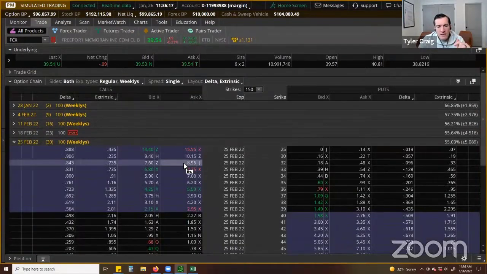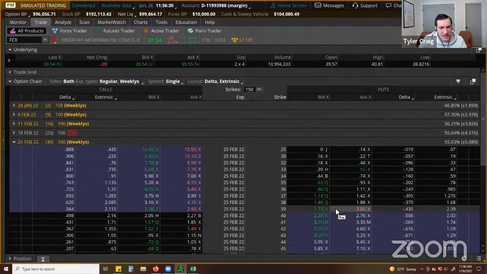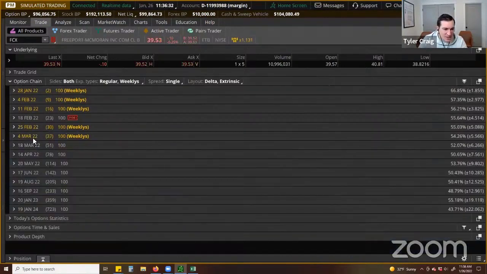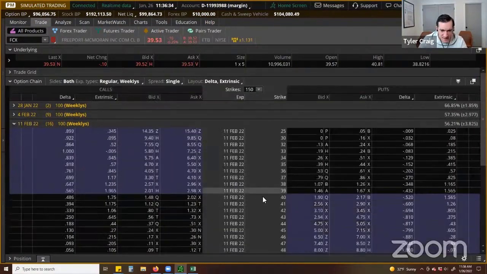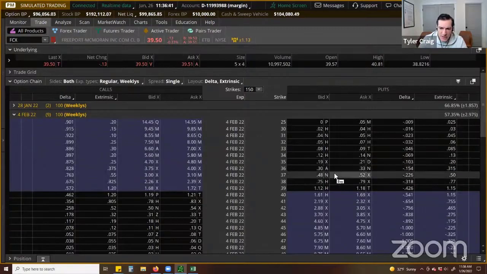Now, weeklies are sometimes illiquid for some stocks. Others, they're a little bit more liquid. Quite honestly, as I look at this weekly option, it's pretty illiquid. Okay. And so I actually want to see. Yeah, see, the bid-ask spreads will tighten up as you get closer to expiration.